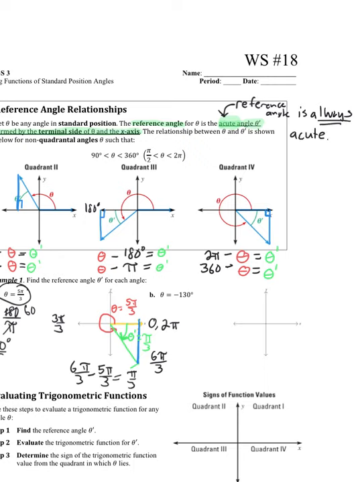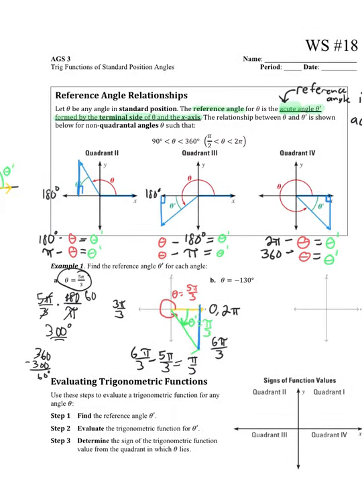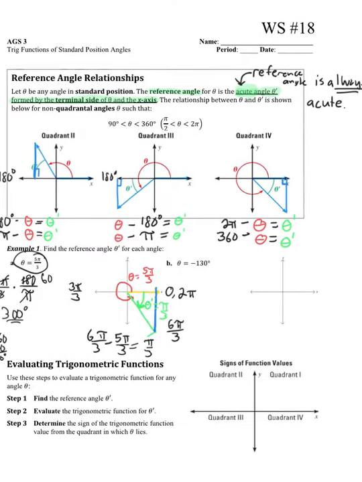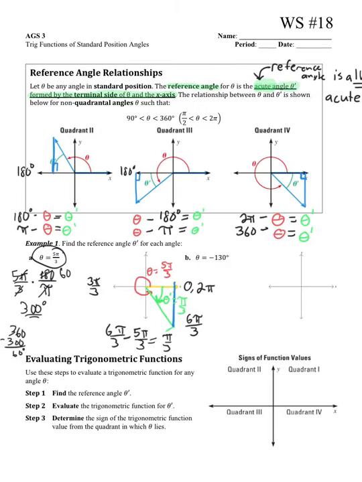It's going to be between 0 and 90 degrees every single time. You should never have a reference angle that's over 90 degrees. That means you did something wrong if you're trying to calculate a reference angle and it's bigger than 90 degrees. It's a good rule of thumb there.